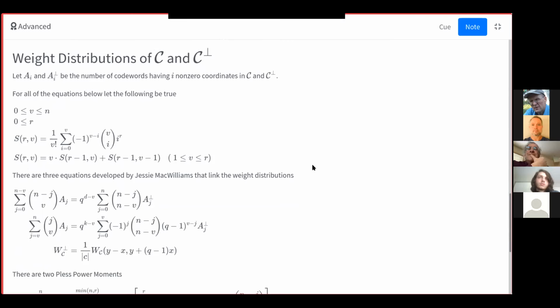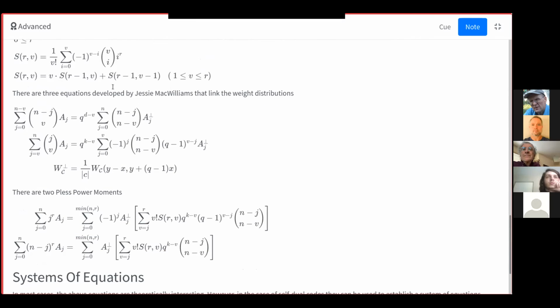So Jessie MacWilliams and Vera Pless, they came together. I don't know if they came together, but they developed what we say is the relationship between the weight distribution of a code and its complement. And these are the equations. Jessie MacWilliams developed 3 of them, and actually the first 2 are essentially the same thing.